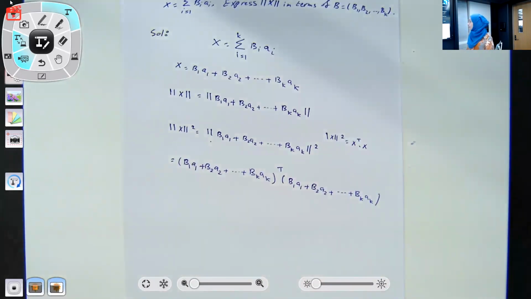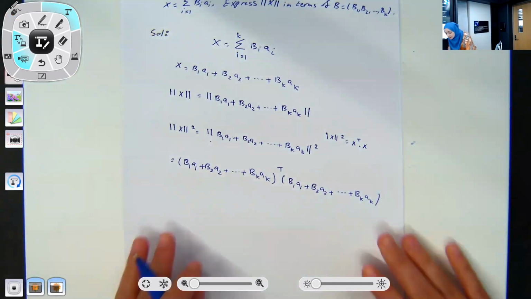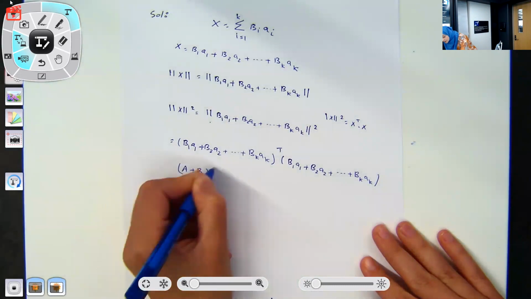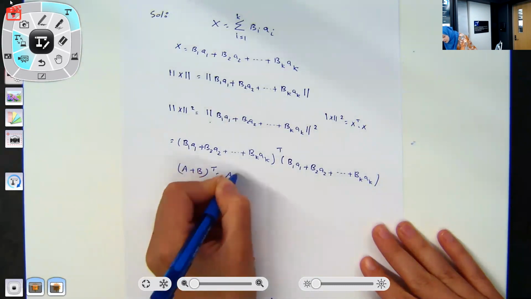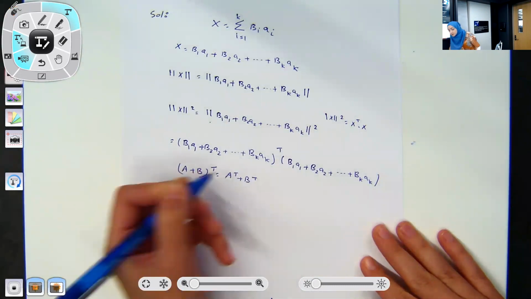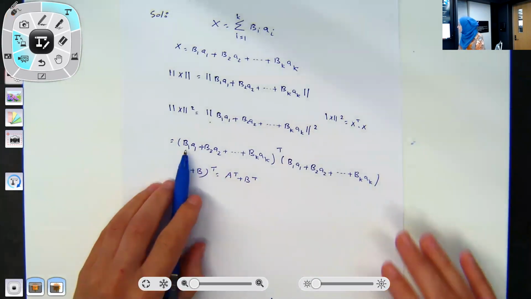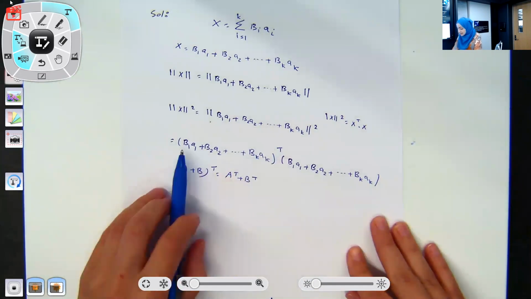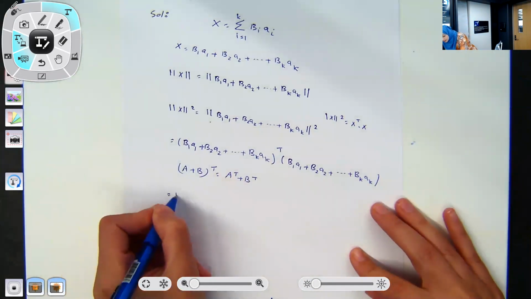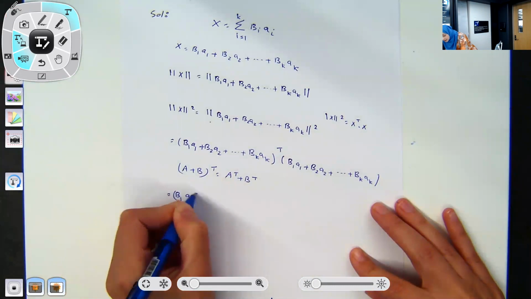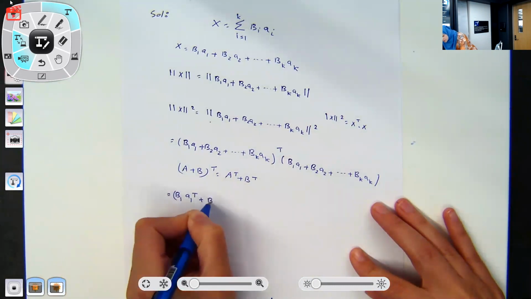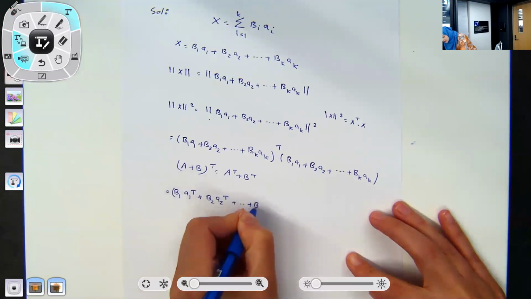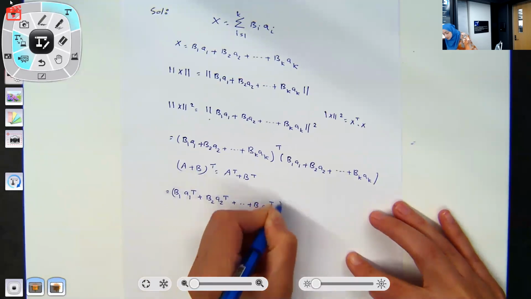We know that if we have A plus B transpose, this equals A transpose plus B transpose. So here we have B1 A1 and here we have transpose. So we can write it as B1 times A1 transpose plus B2 times A2 transpose plus BK times AK transpose.